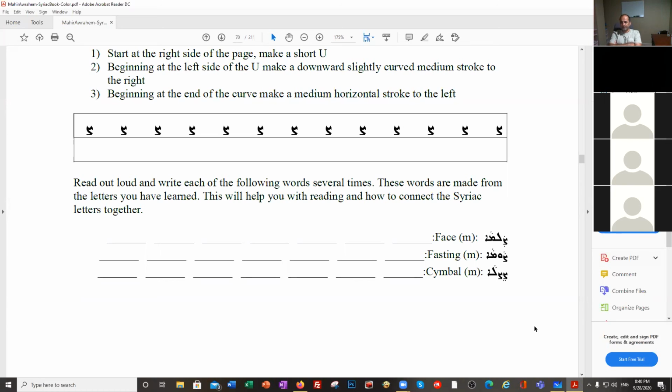Can you read that one? Salma. Second one. Soma.